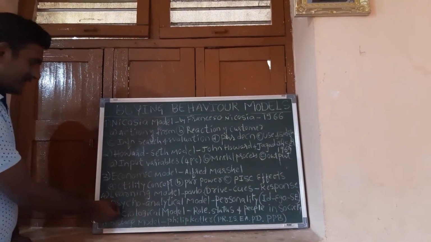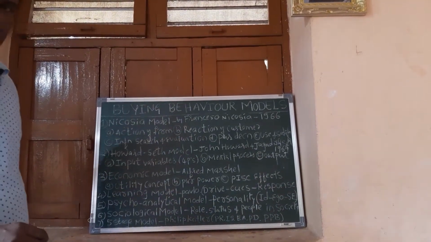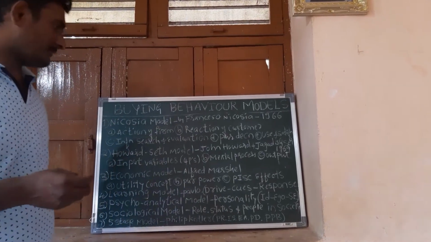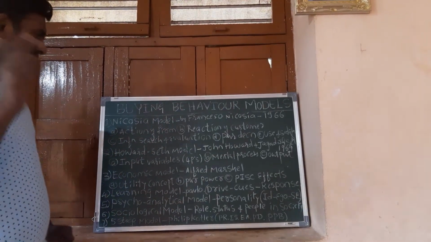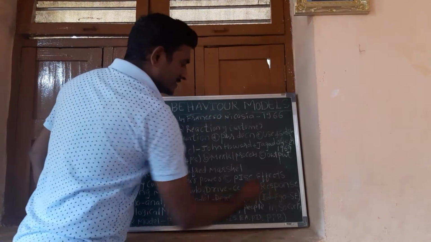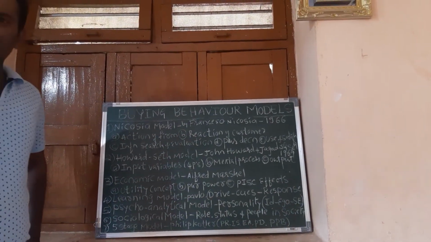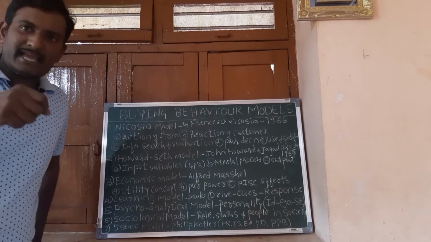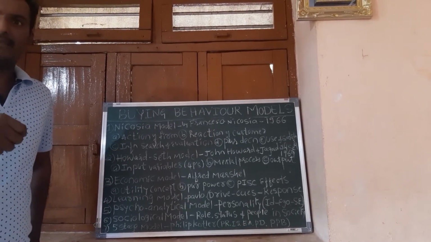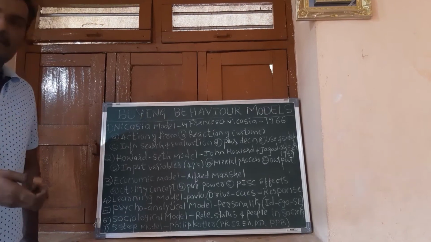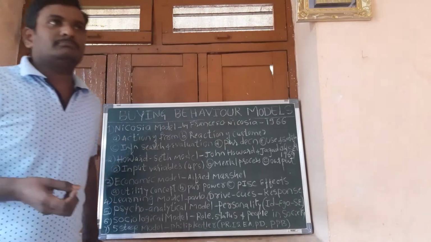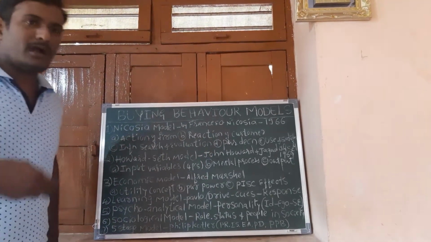And one more important model here is the psychoanalytical model. It is totally based on the personality of the person. Here, interestingly, we have three components: id, ego, and superego. If the customer is in the id state, then he feels, I want that product.